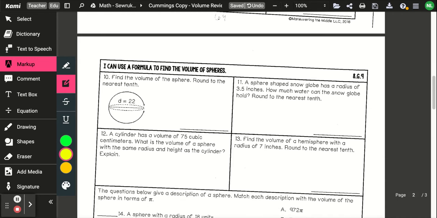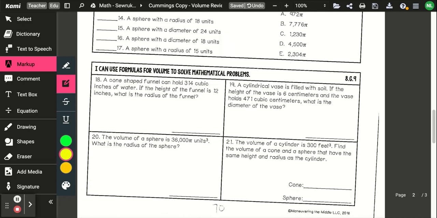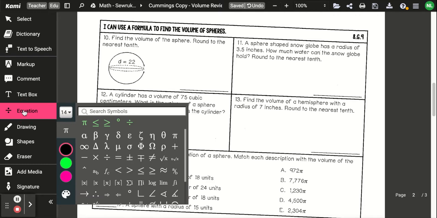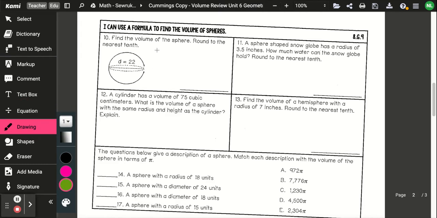All right, this is the last page that I will record myself kind of going over what you need to be doing. It says find the volume of the sphere, round to the nearest tenth. Do not forget the equation for finding the volume of a sphere. Volume for a sphere is V equals 4/3 pi r cubed.